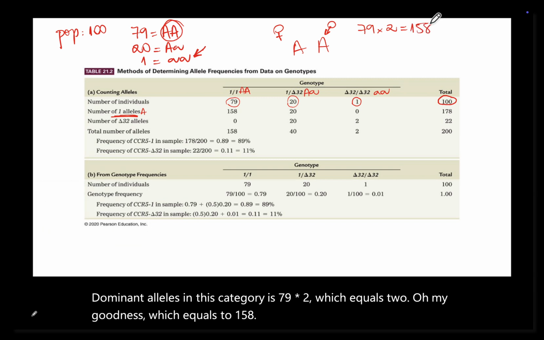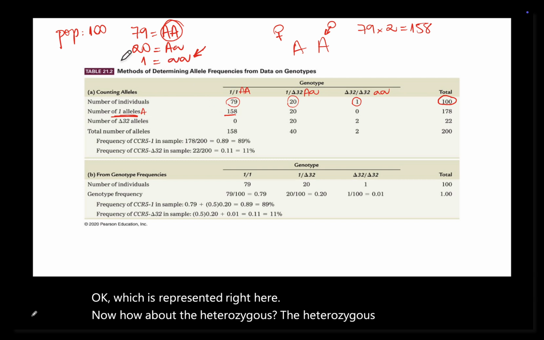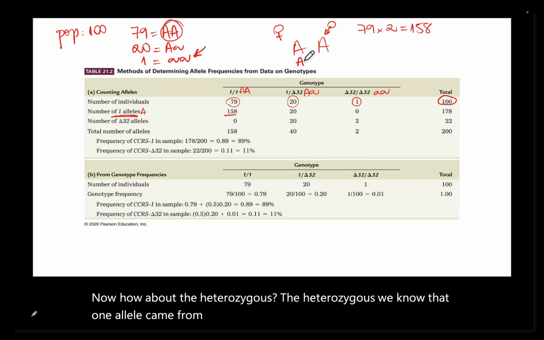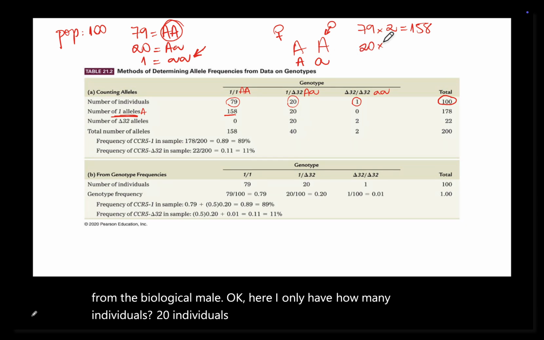Okay, which is represented right here. Now, how about the heterozygous? In the heterozygous, we know that one allele came from the biological female and the other allele came from the biological male. Okay? Here, I only have 20 individuals in that category.